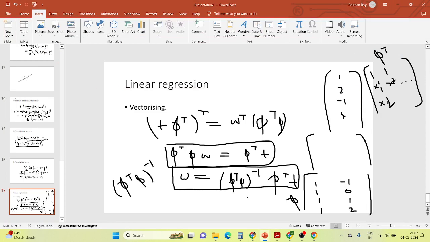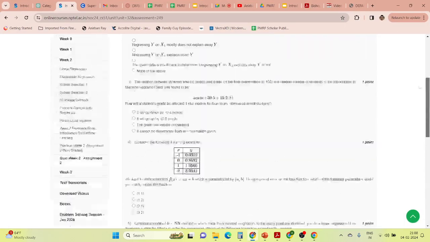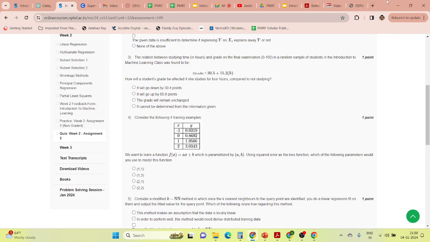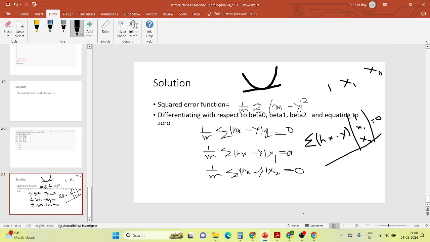W will be a 2-dimensional vector. You can do it. Or you may not use the direct formula and can do it this way as well.